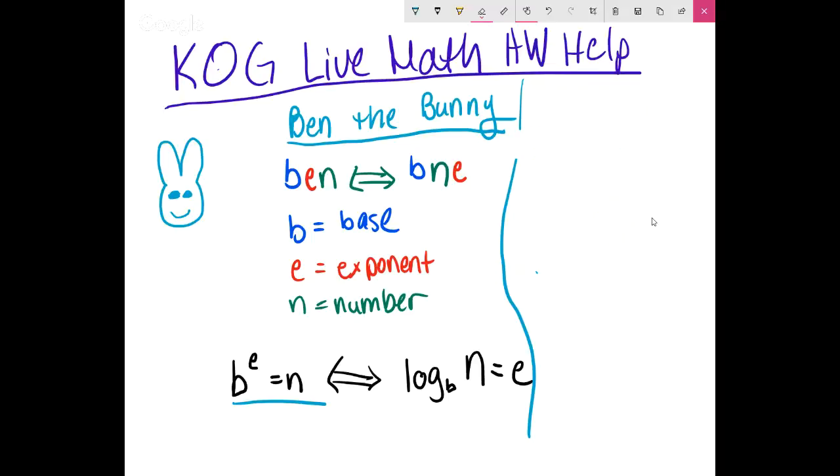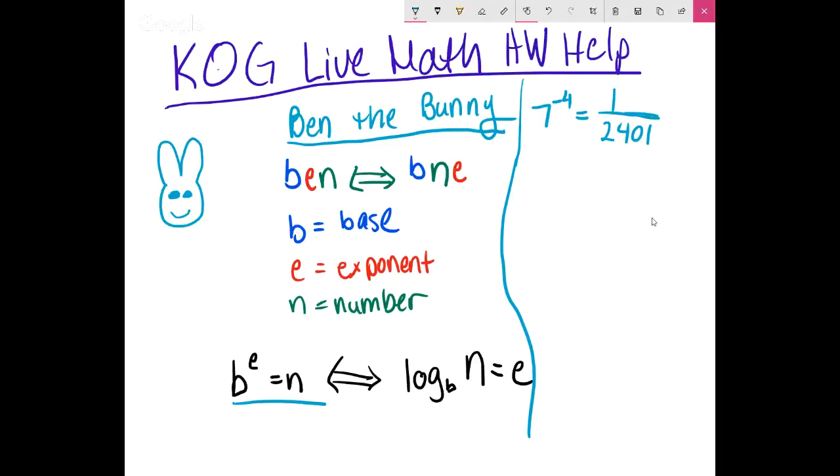One more, and then we're going to do the other way. We're going to reverse it. Let's start with logs, and actually, we got some examples. Let's do all of these, because all of these are probably on your homework assignment. And then we'll go to logarithms to exponents. So we got 7 to the negative 4th power equals 1 over 2401.